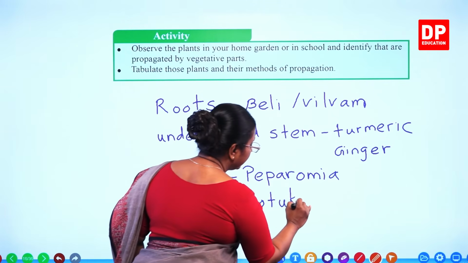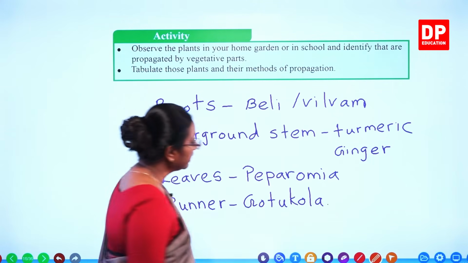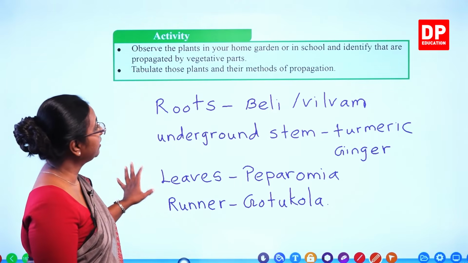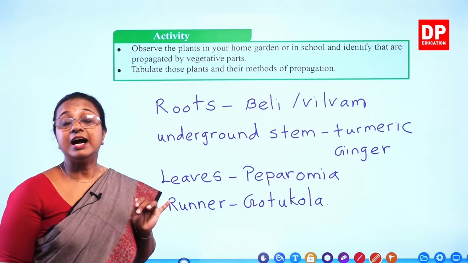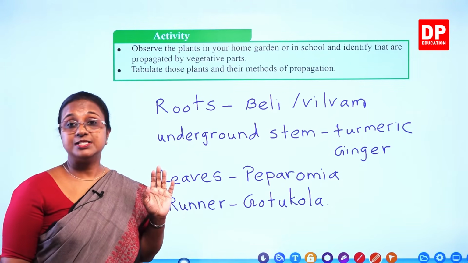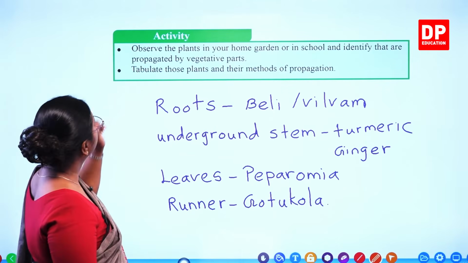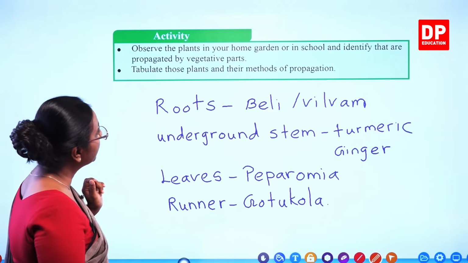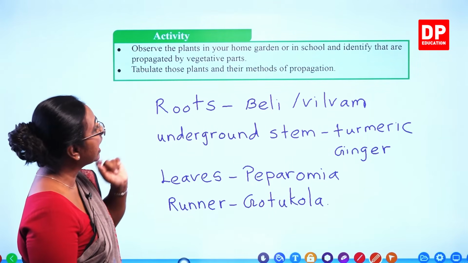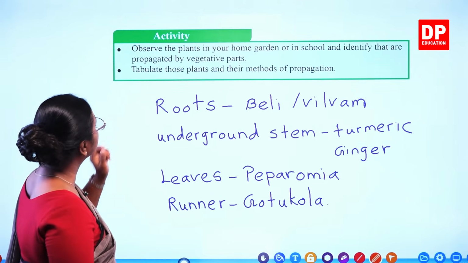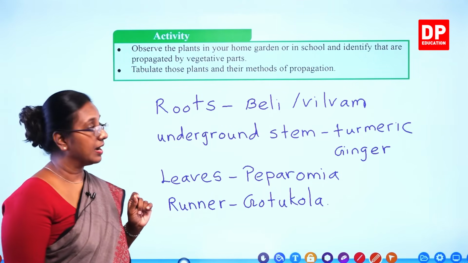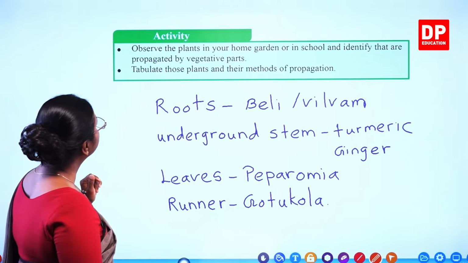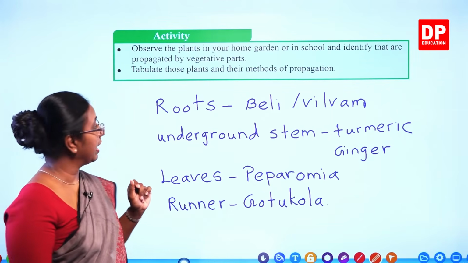So like that, you can look at different plants in your environment and you can identify the type of vegetative reproduction. Observe the plants in your home garden or in school and identify those that are propagated by vegetative parts. Identify the plants that are propagated by vegetative parts.